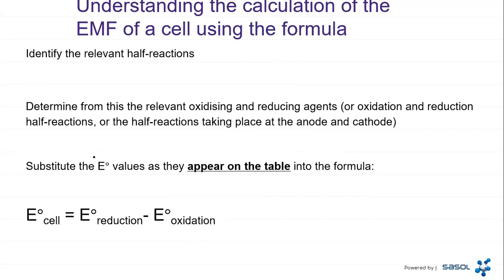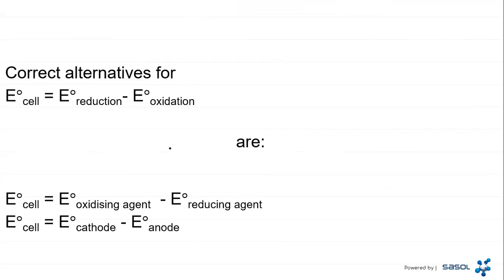So this, my dear learners, is actually what I've been saying to you. It's not much there. And remember, for now, I used my formula in the form of E naught cell is equal to E naught reduction minus E naught oxidation. But when you go to your formula sheet, you will see that you can use different versions.